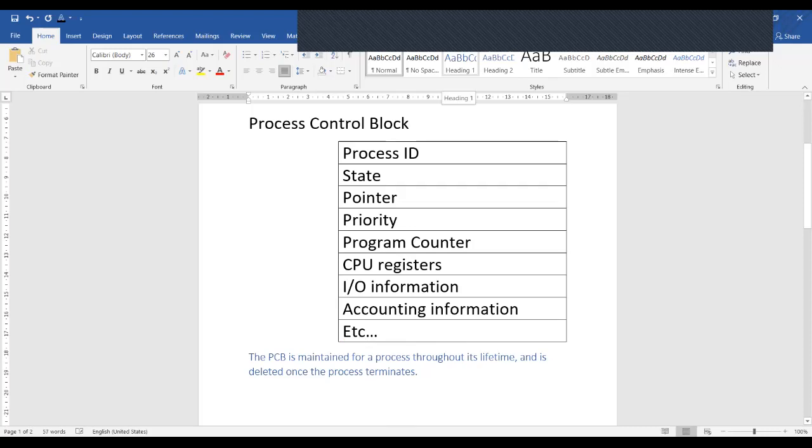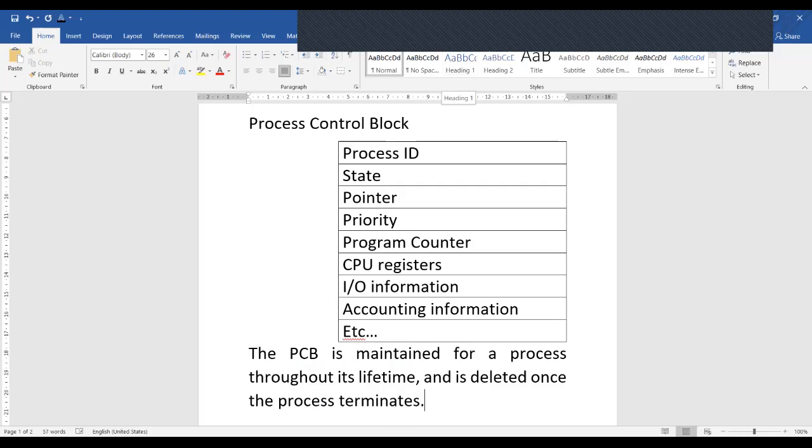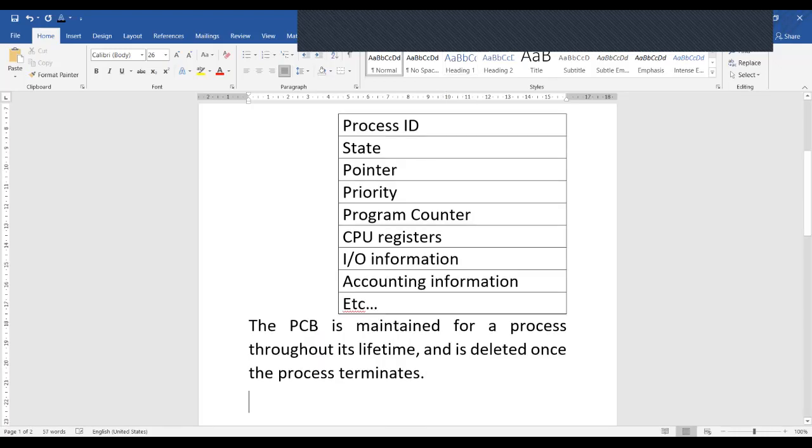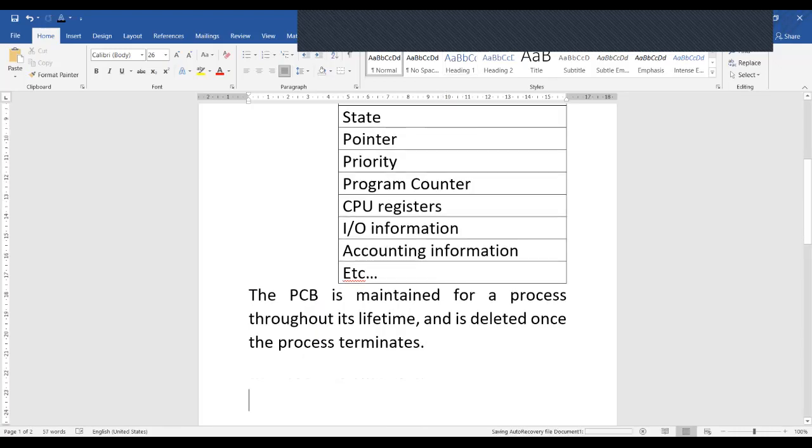Okay. Now let us look into all these information one by one. First, let us talk about process state.